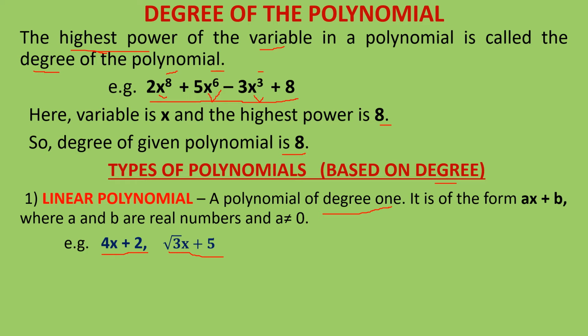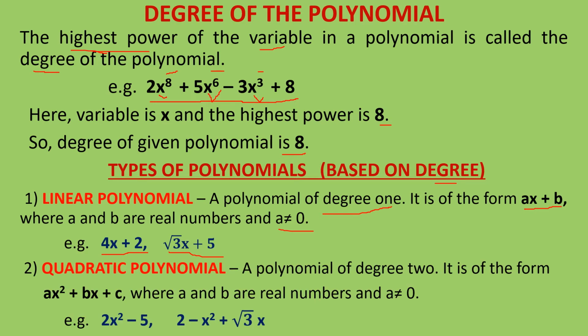So it is a linear polynomial because its degree is 1. So linear polynomials are the polynomials of degree 1 and are of the form ax plus b. Whenever we have to write the general form of the linear polynomial, we will write ax plus b, where a and b are real numbers and a not equal to 0.